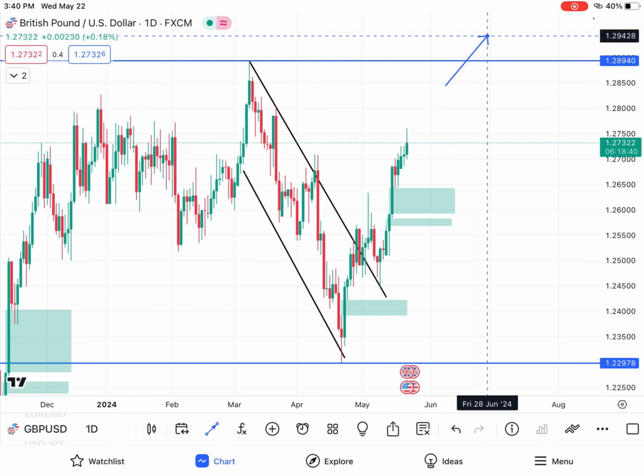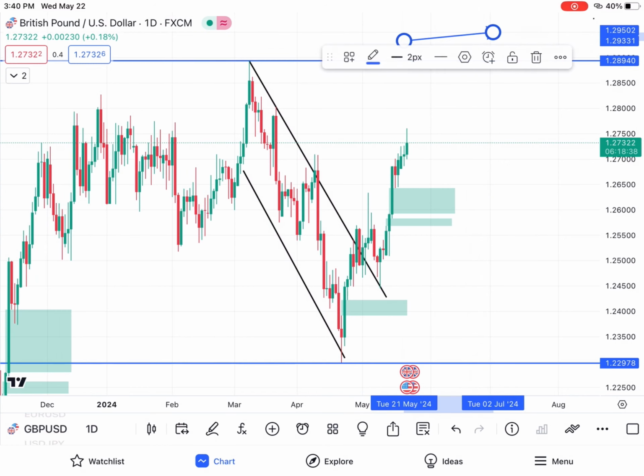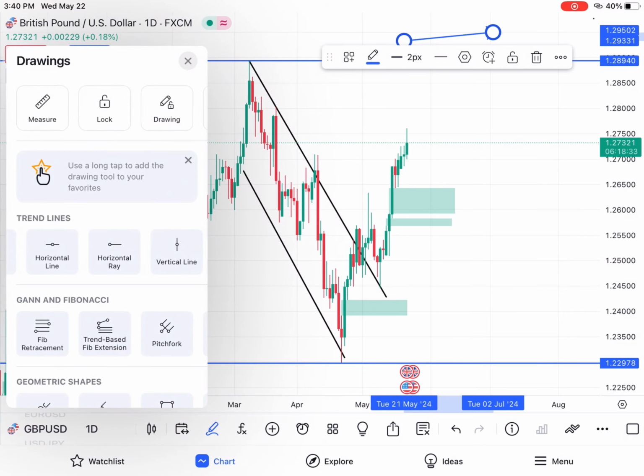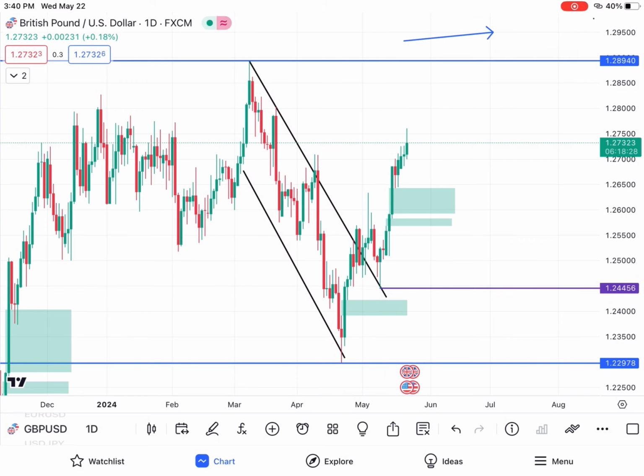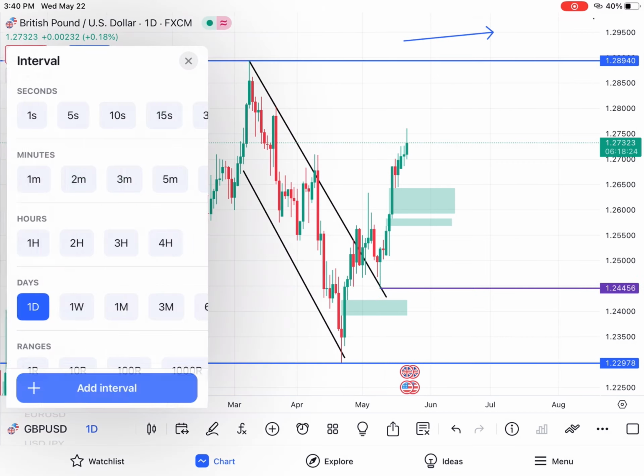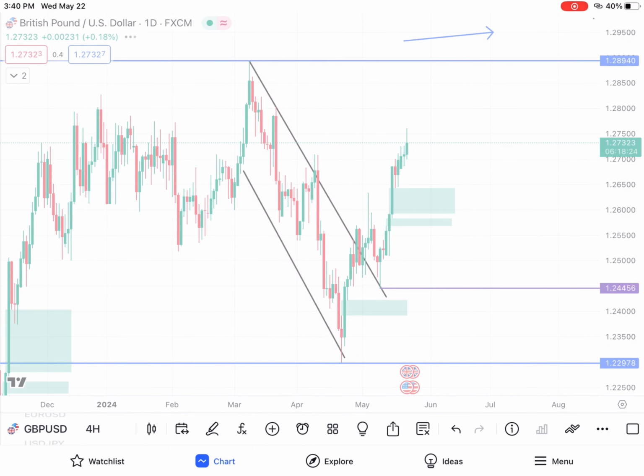So let's continue. Right now we have gotten the daily time frame bias. Let's also mark this swing low right here, the recent swing low. That is the recent support level. Now let's go to the 4 hour time frame.